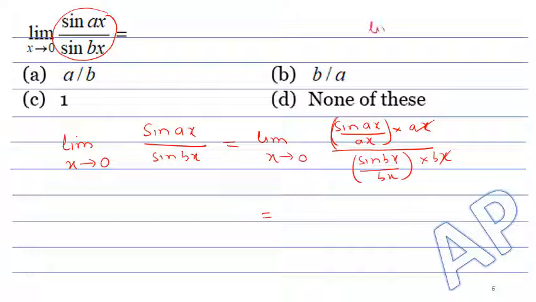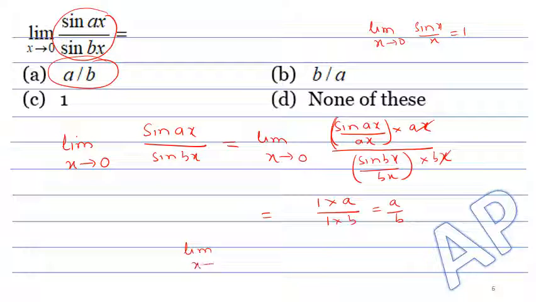With the help of this formula, limit as x approaches 0 of sin x by x is equal to 1. So when you apply the limit, I have 1 into a by 1 into b, which is equal to a by b. So the answer is a by b. Suppose you have limit as x approaches 0 of sin 6x by sin 7x, easily you can write the answer as 6 by 7.